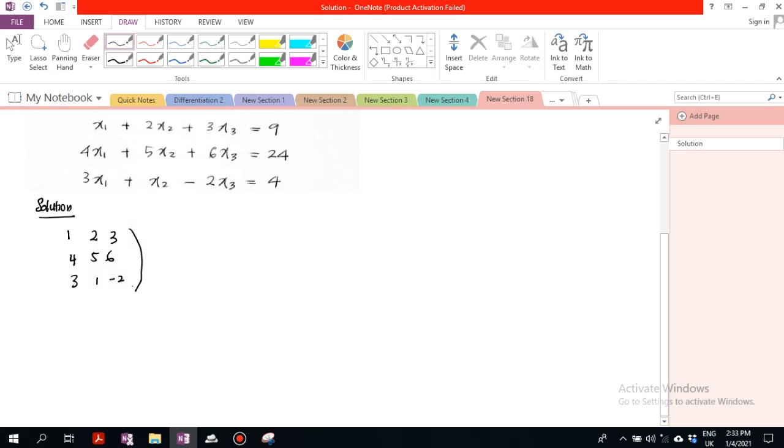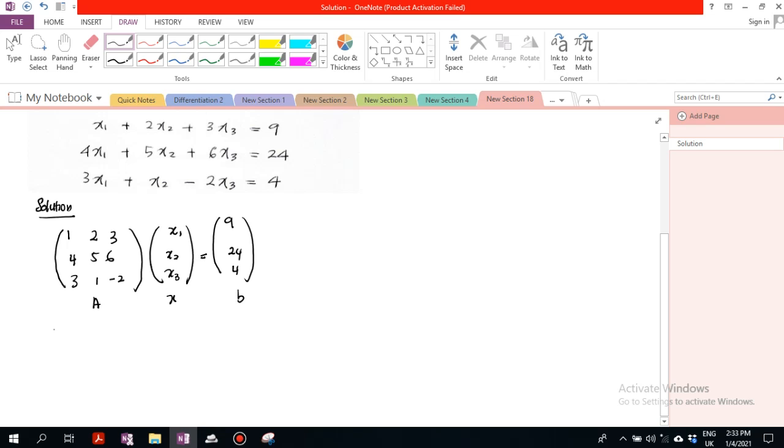This is your A matrix, then times x1, x2 and x3. So then you will have 9, 24 and 4. So this is your A, this is your X, and this is your small b.